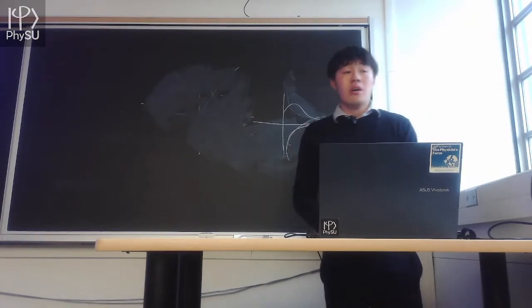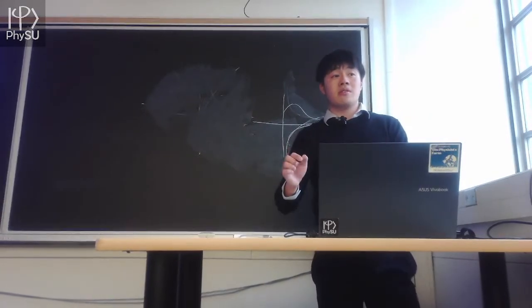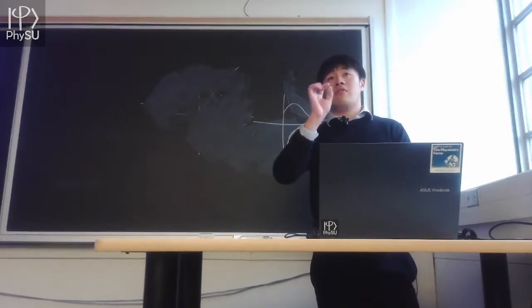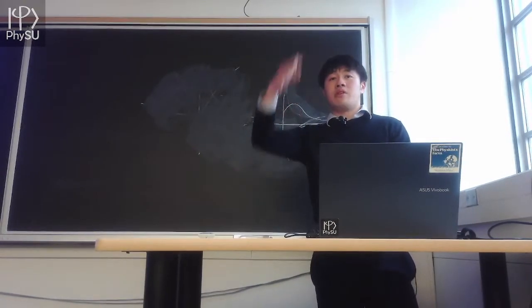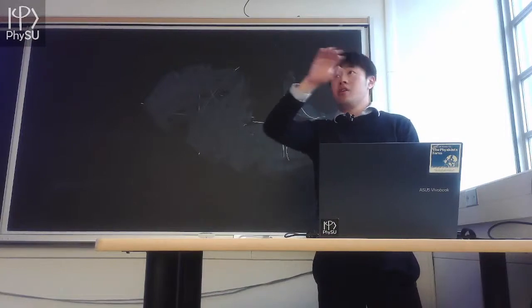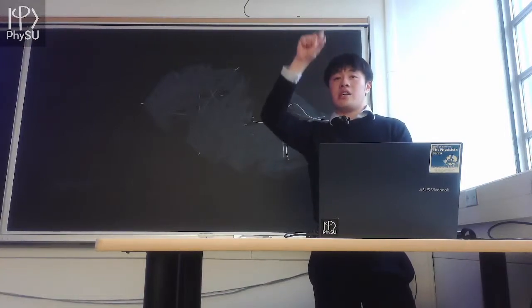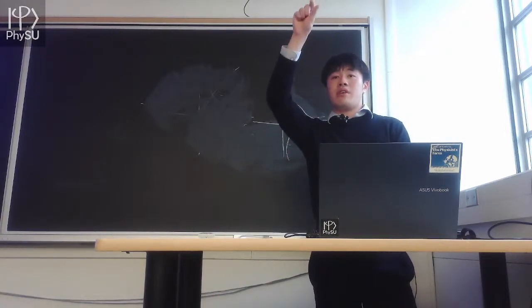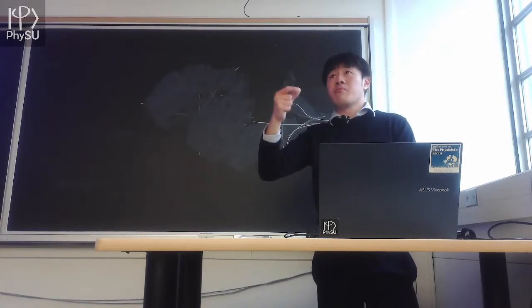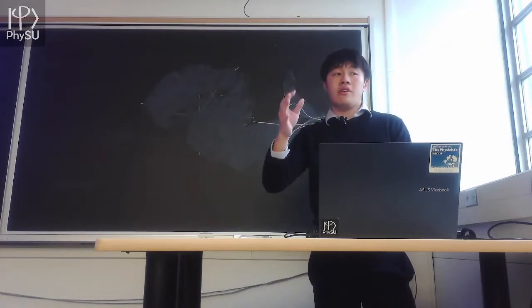In the zero temperature limit, the occupation is like a Heaviside step function, right? You just occupy the particles up until the Fermi energy. That would be at 0 Kelvin.